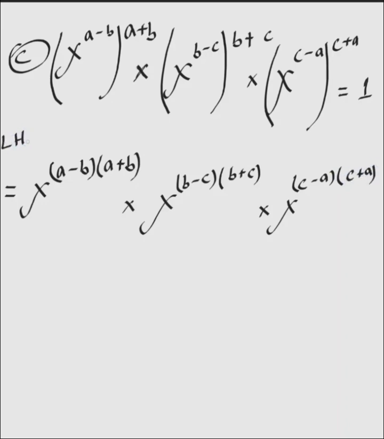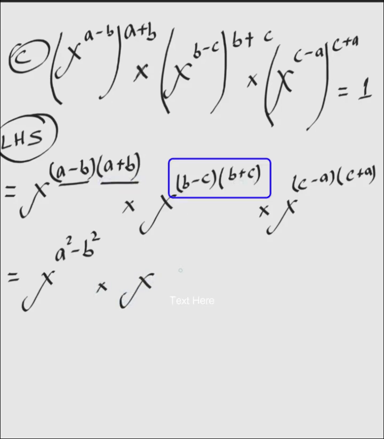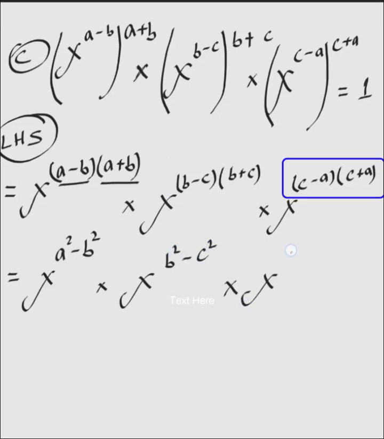This is LHS, remember. Now a minus b, a plus b is the formula of a square minus b square. Then b minus c, b plus c means b square minus c square, into c square minus a square.